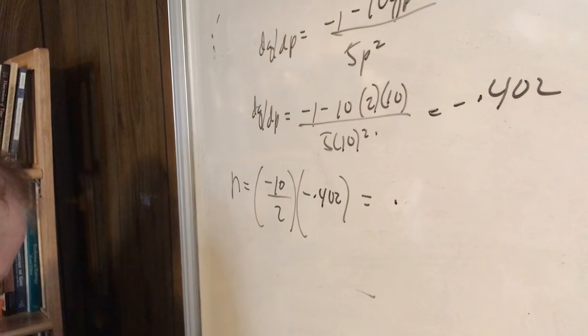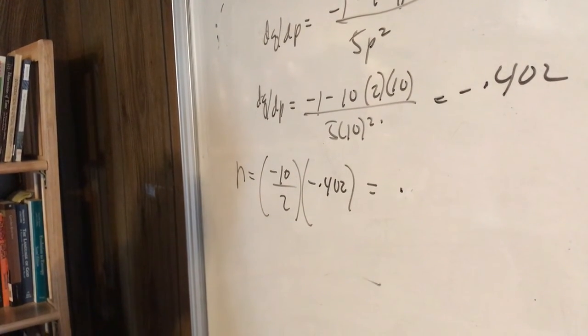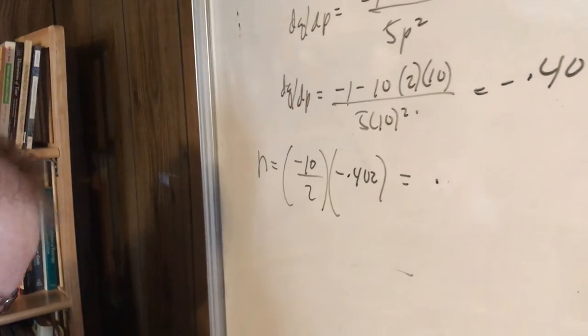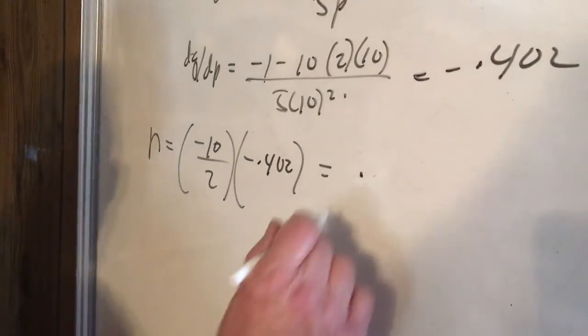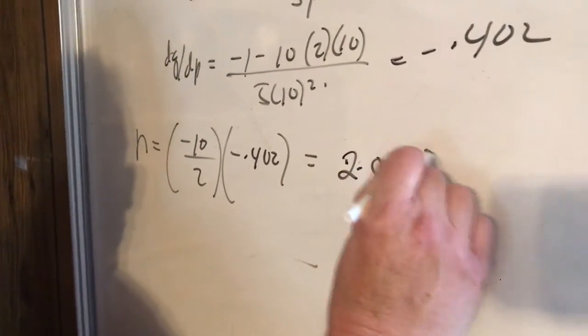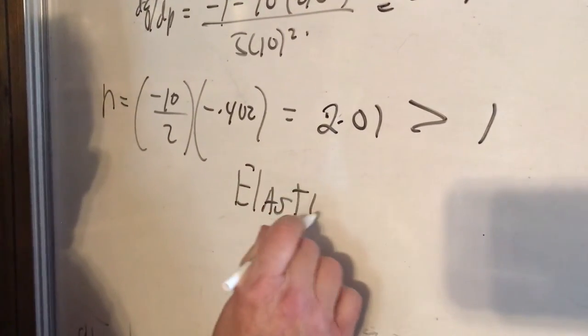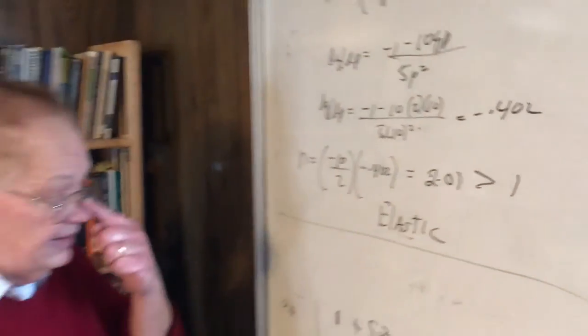I'm sorry. It's 2.01, I believe. Yes it is, because that was a minus. So it's 5 times 0.4. It's 2.01, which is greater than 1. So this is elastic. And that's all you needed. Okay, we'll be back in a few minutes.